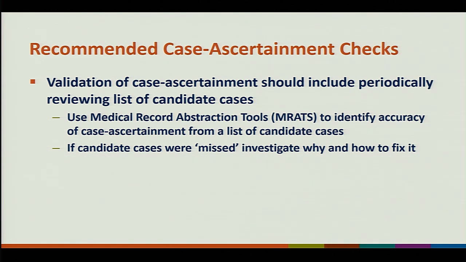And we have them for each HAI type: CAUTI-CLABSI, SSI, and Lab ID events. And you can use these to verify your ability to accurately determine cases. And we also recommend you consider doing this routinely with multiple reviewers to check inter-rater reliability. And when you find that cases are missed, you'll want to investigate why and determine how to correct the issue.